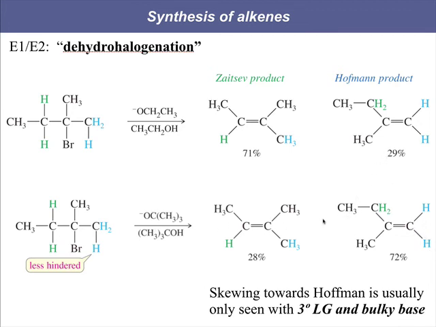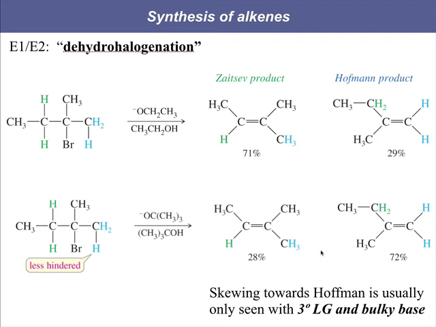The reason they're saying that happens is because if your big and bulky base can't reach the Zaitsev hydrogens because they're so hindered by the other groups around them, they're more likely to grab the less substituted hydrogens and get you the less substituted alkene. That might be the case, but only when you have tertiary leaving groups and a super bulky base. So just be aware of that.